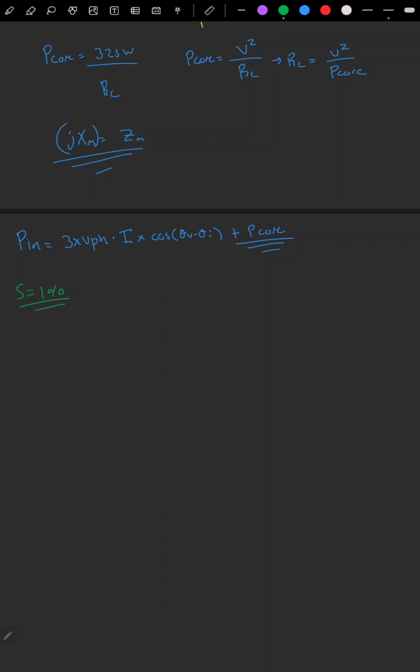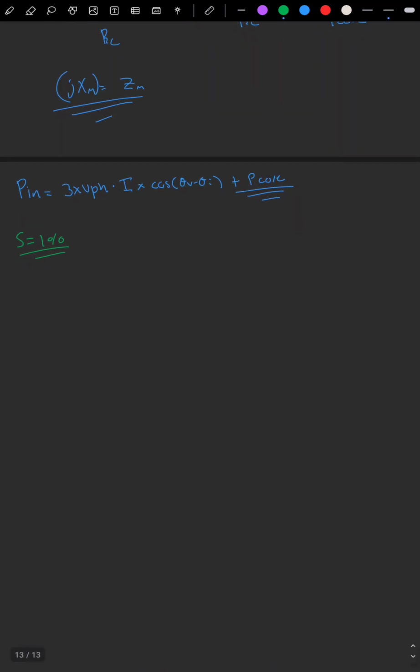So first, you want to try and find the speed. What kind of speed are we looking for? We are going to be looking for, with the motor connected directly, compute the speed.